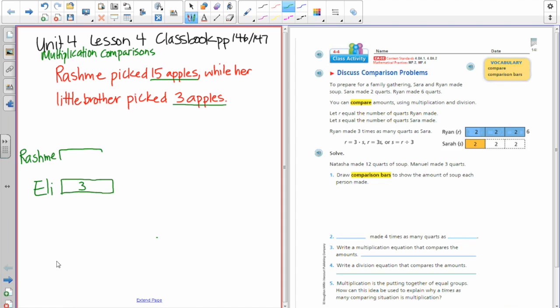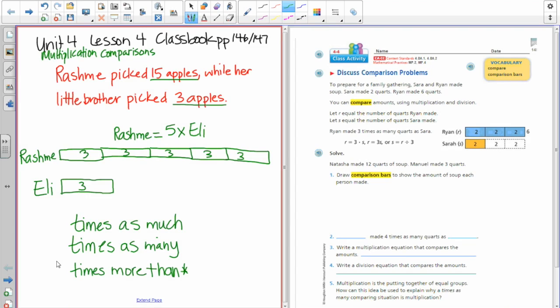So she picked 1, 2, 3, 4, 5. The hope is that they'll be equal. I'm not a very good drawer, I apologize. So you would say that Rashmi picked 5 times as many apples as Eli.